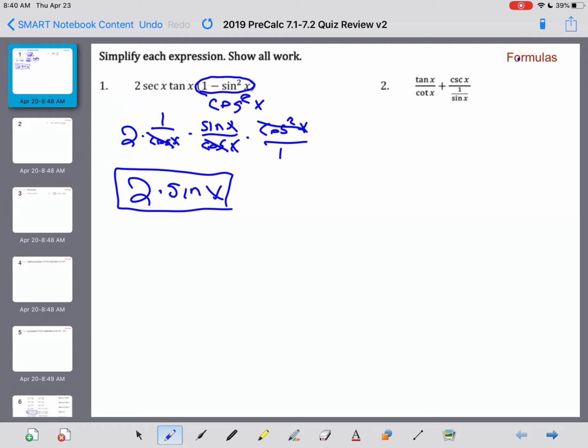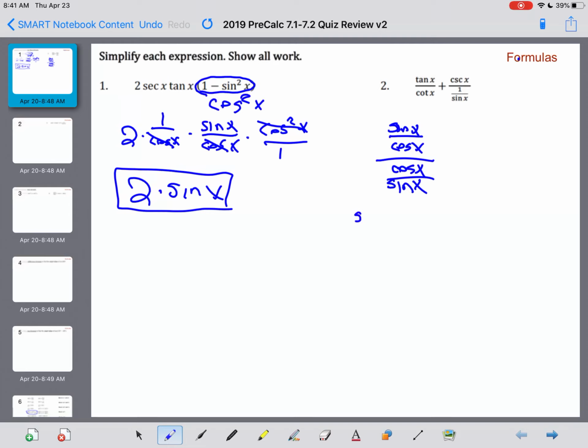Now number 2, I see I have these two fractions, one of which is a fraction of fractions, but they're related. Tangent and cotangent are cofunctions, and then cosecant and 1 over sine are cofunctions. So I'm going to work on these individually here. Tangent is going to be sine x over cosine x, and then cotangent is cosine x over sine x.